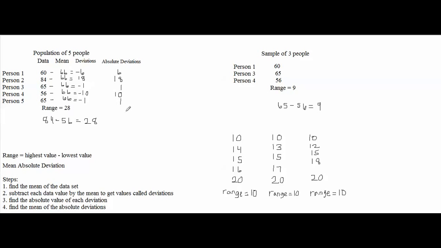So let's do that. To get the mean of the absolute deviations, we just add these 5 numbers and divide the total by 5. We're pretty much just finding the mean of this list of numbers right here.